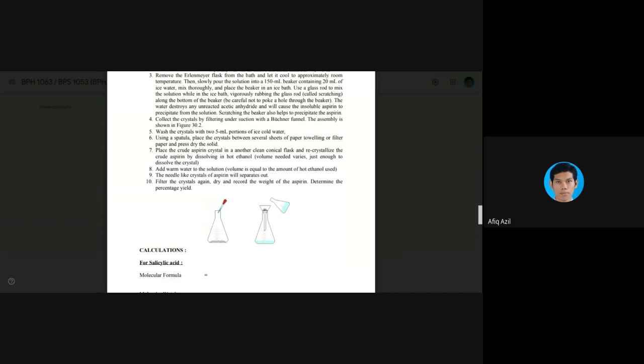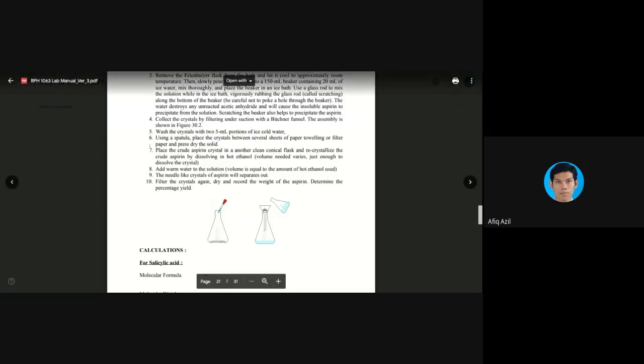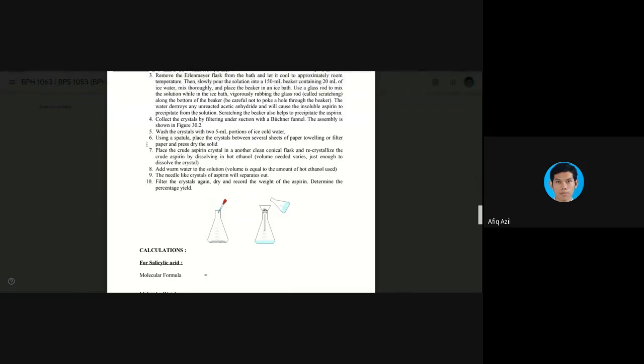Crude product. So this is not your end product yet, because the next step that you need to do is to recrystallize. You need to dissolve the crystal and recrystallize it again. Step number 7 is where the recrystallization starts, in which the crude product will be put in a clean conical flask, and you have to dissolve it in hot ethanol.